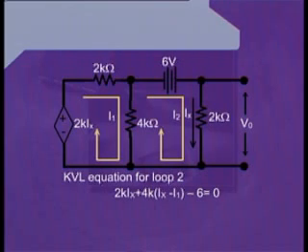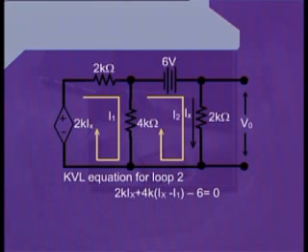Now, once again, remember that this is the boundary branch between the two meshes. Hence, two currents will be passing through this element. Current I1 will be passing from the upward to the downward direction, whereas the current I2 will be passing through this resistance from downward towards the upward direction.